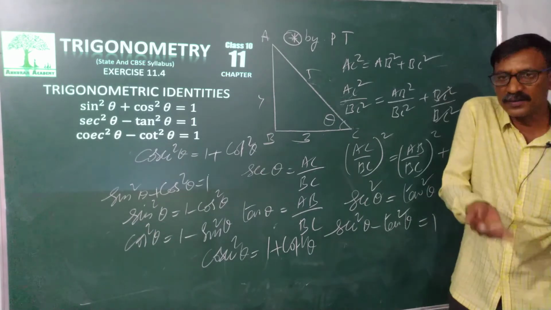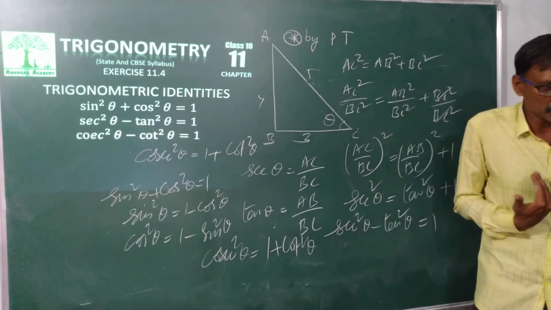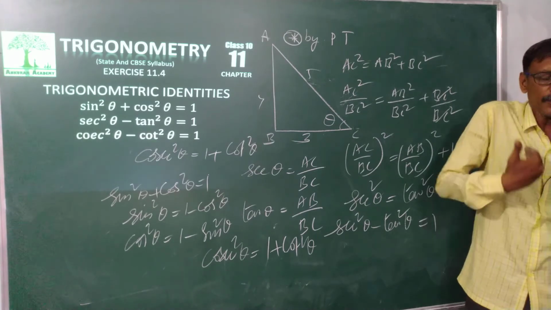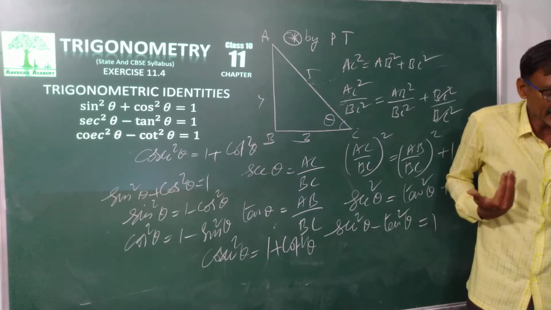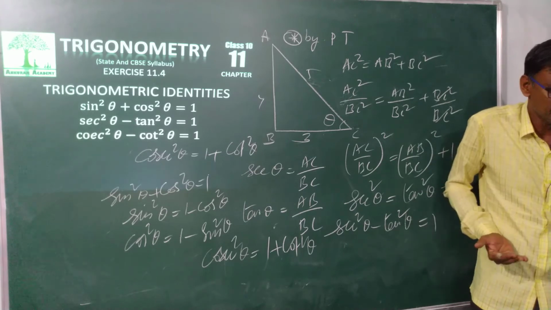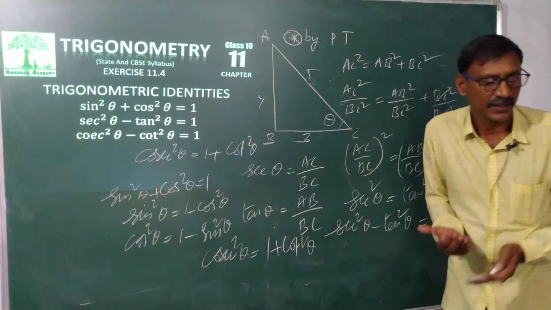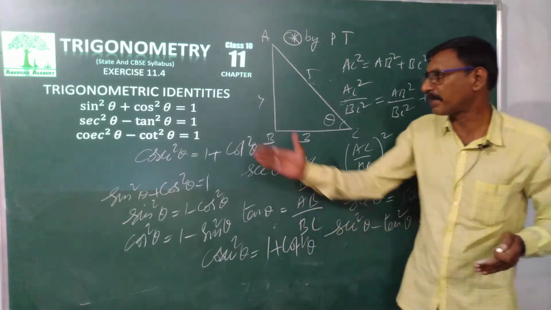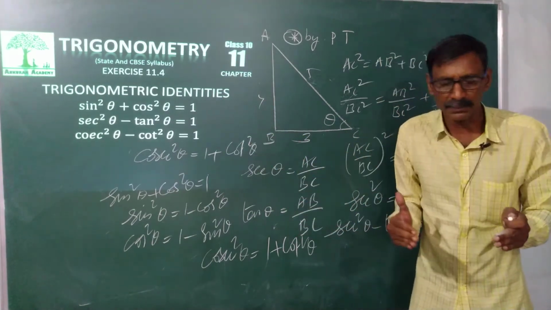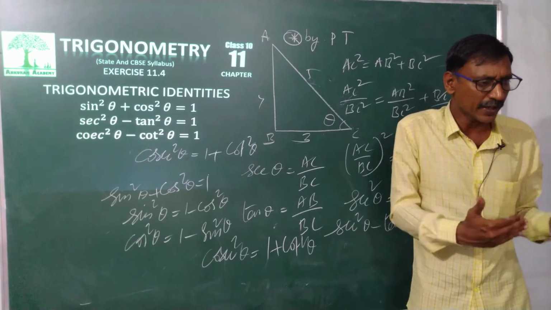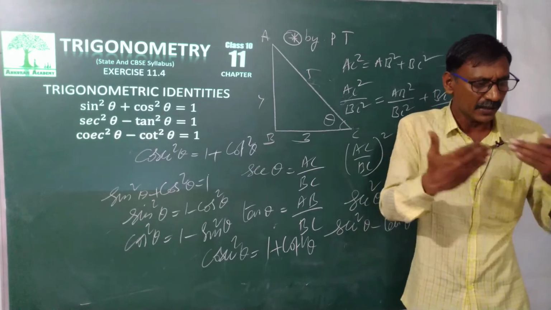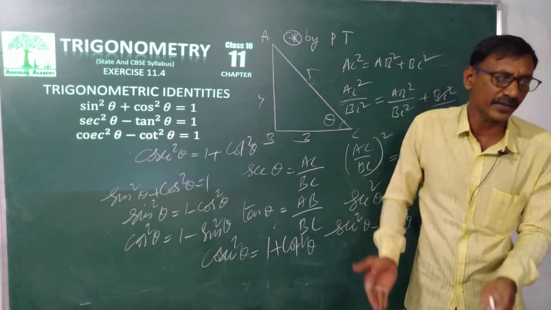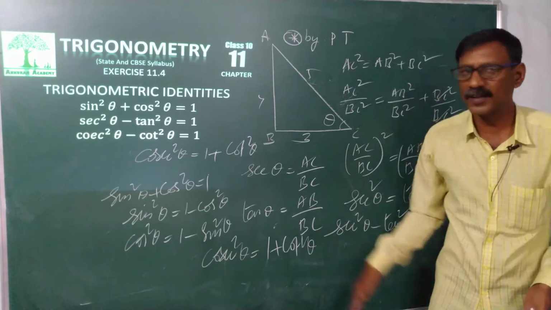Sometimes if you are in tan, we can come to terms of sin. If I have cos, we can write in terms of sin with the help of these identities. These identities help to solve so many problems. These are basic identities that can help us transfer sin into cos, tan into sec, cosec into cot, or cot into cosec. These are very, very important.